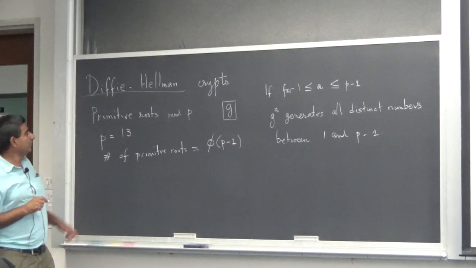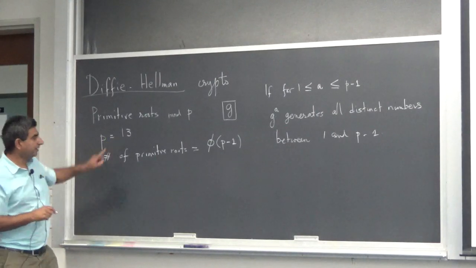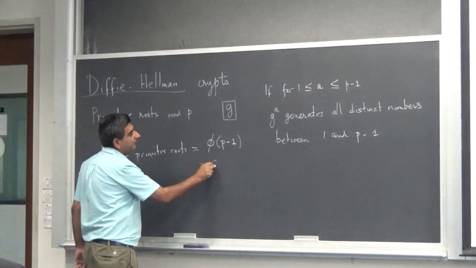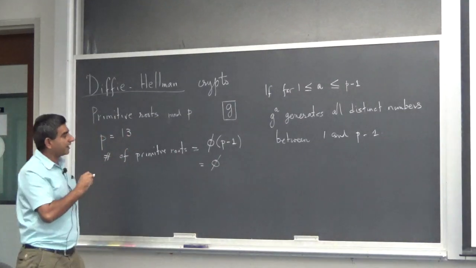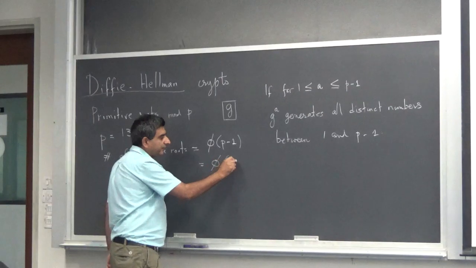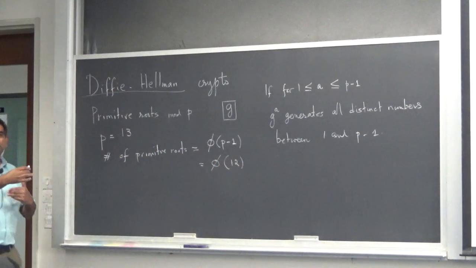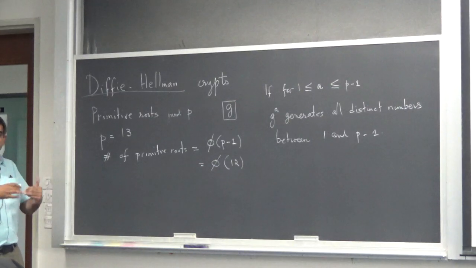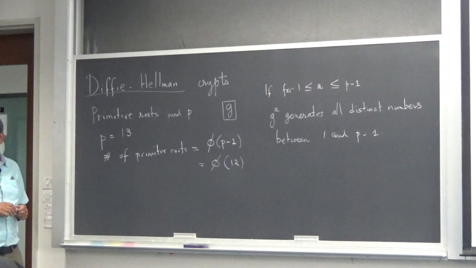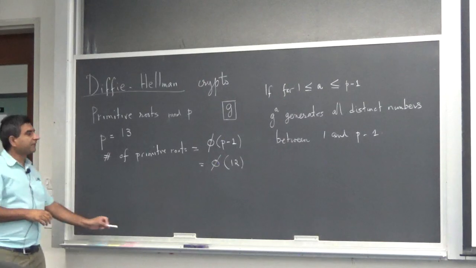So if my prime number were 13, then I would need to find the Euler phi function of the number 12. This will give me the number of primitive roots mod 13. So let's find out this function.